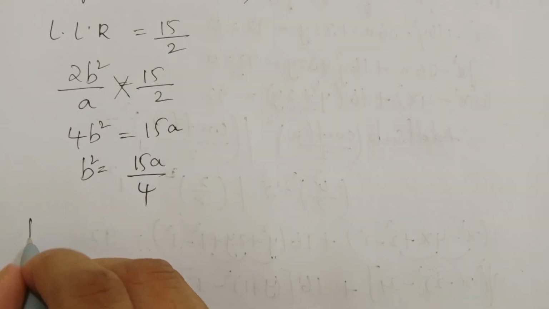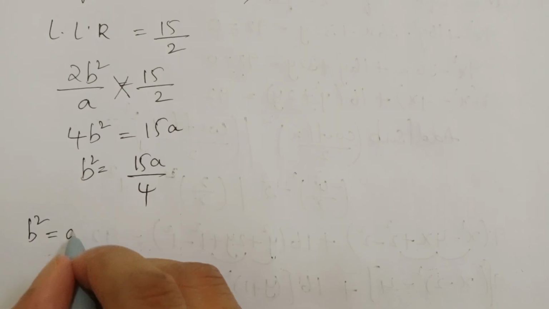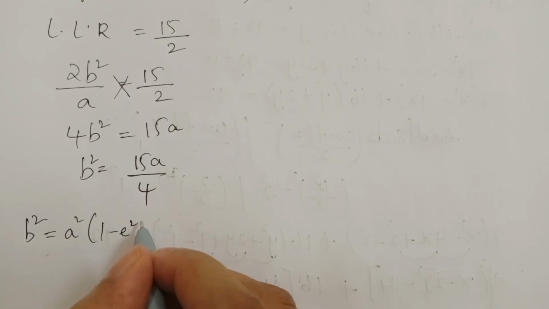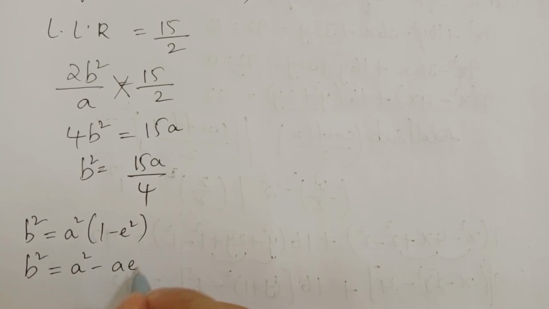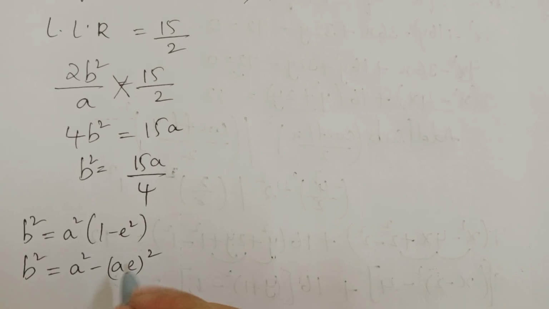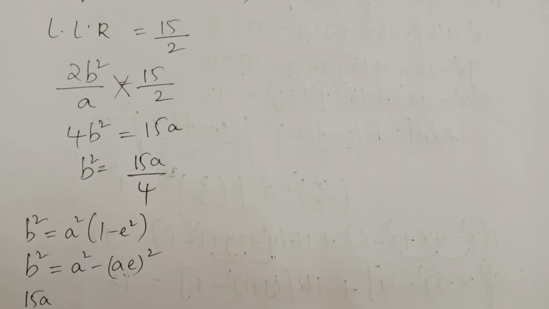We know the formula of b square, which is equal to a square into 1 minus e square. Multiplying a square inside, it is a square minus ae whole square. We can write it as such because both of them have squares, right? Now substitute the value of b square and ae, which is equal to 1. So here it is 15a by 4 equals a square minus 1 square.